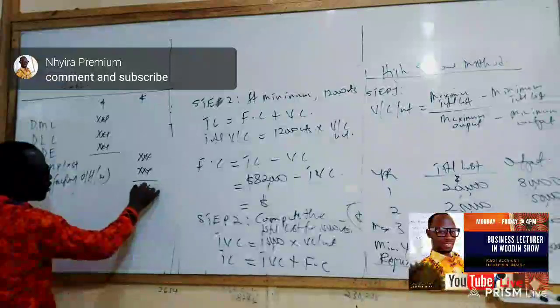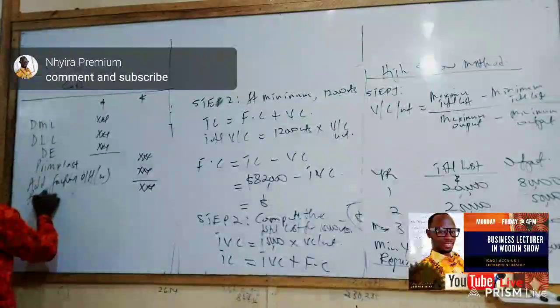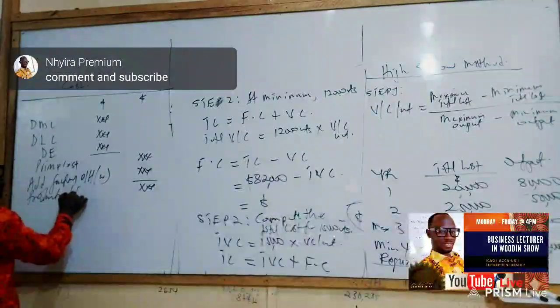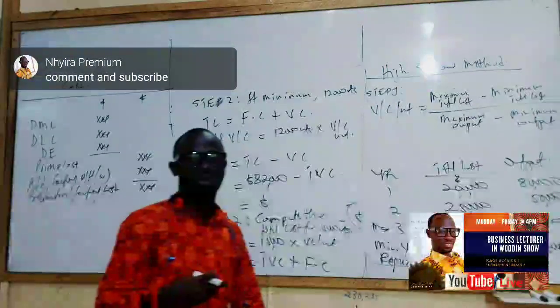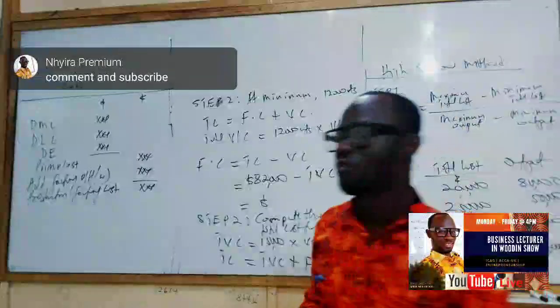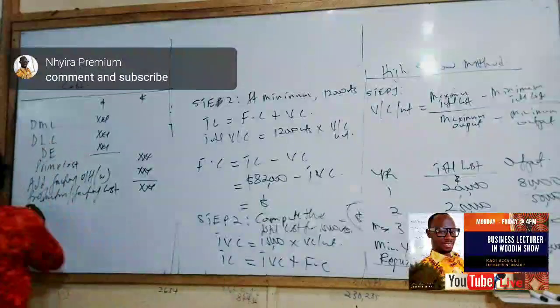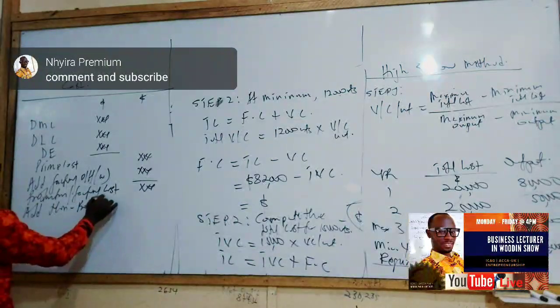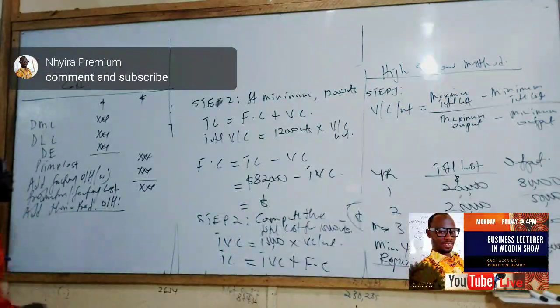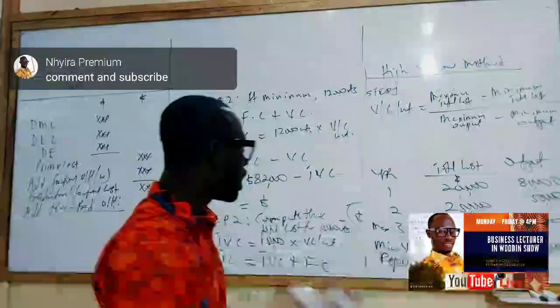Once we add factory overheads, we get a production or factory cost. Production or factory cost. When we get a production or factory cost like that, we then add the non-production overheads. Now the non-production overheads include a lot of things.